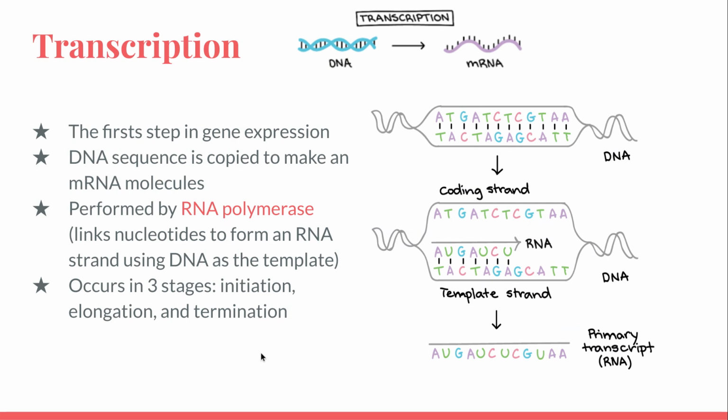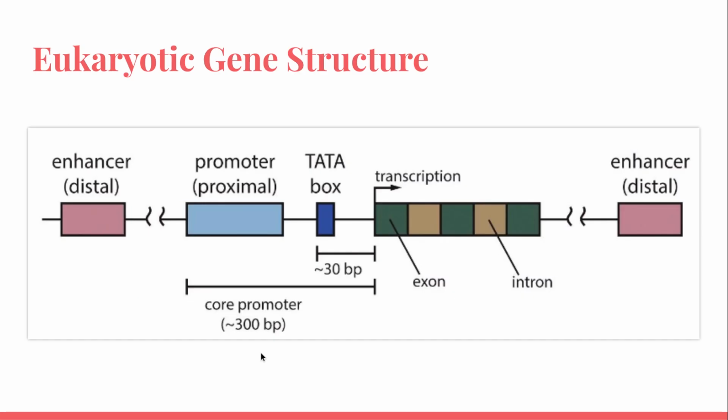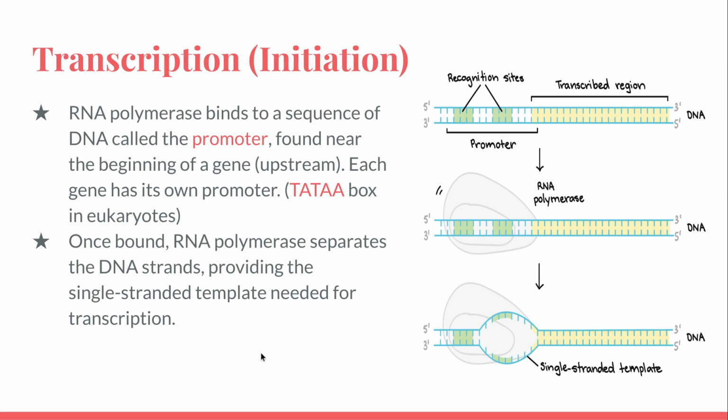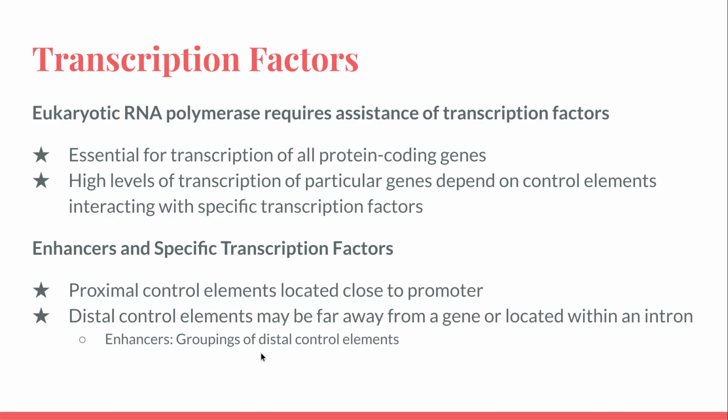And then we saw the other way of DNA regulation is using distal and proximal elements. Proximal elements are those that are close to the gene, and that includes transcription factors that bind to promoters, causing the expression of genes.